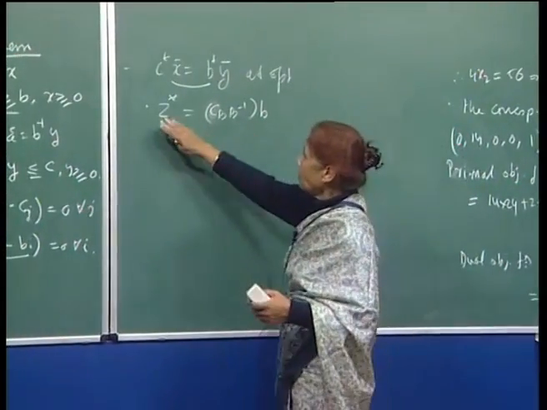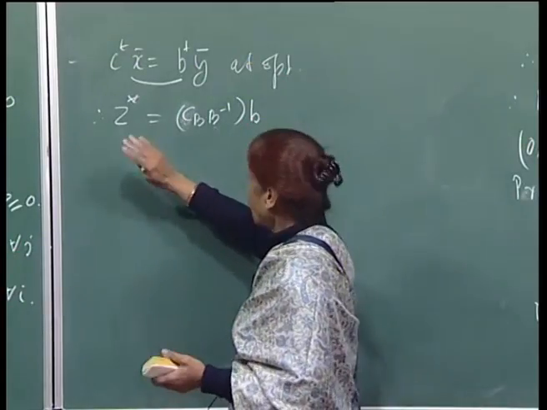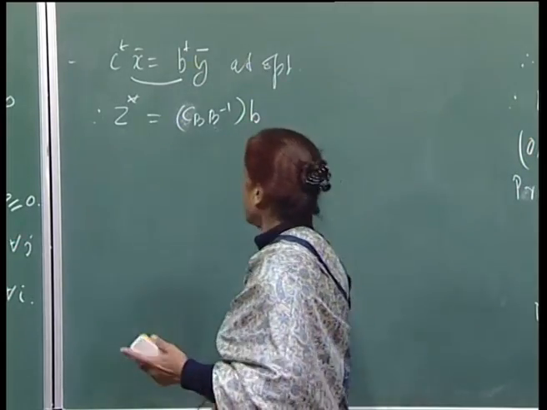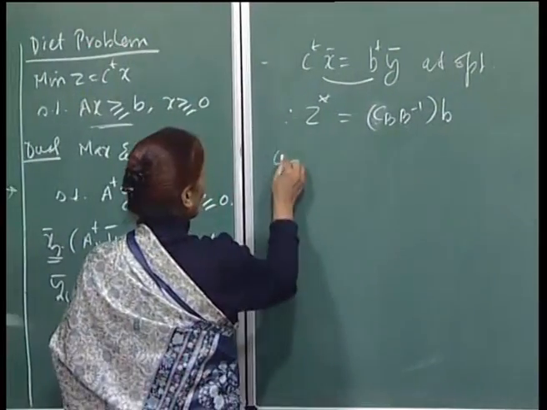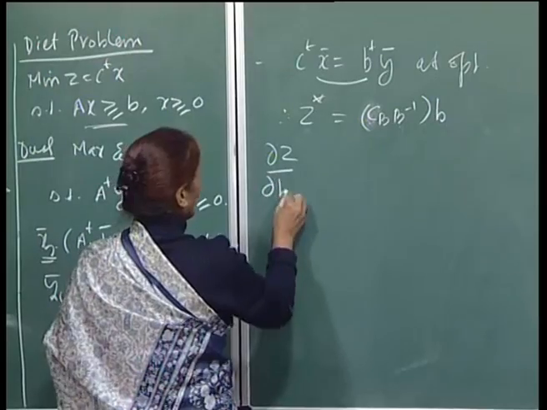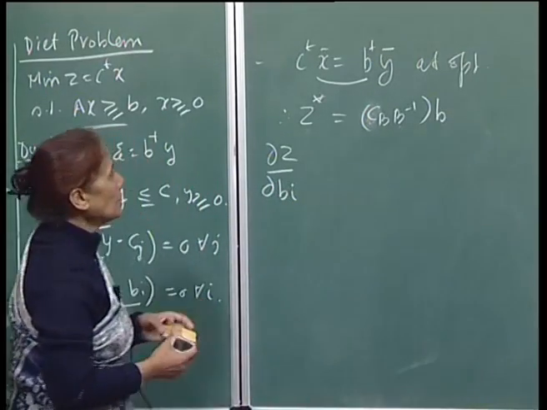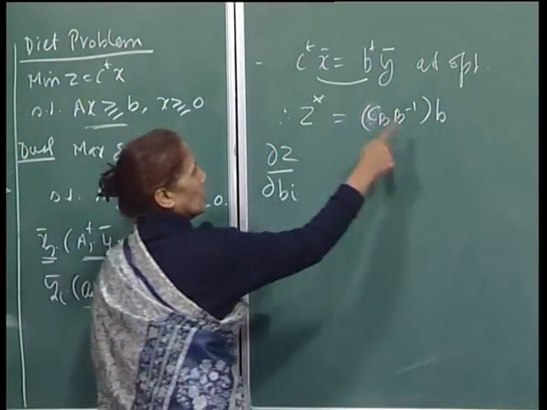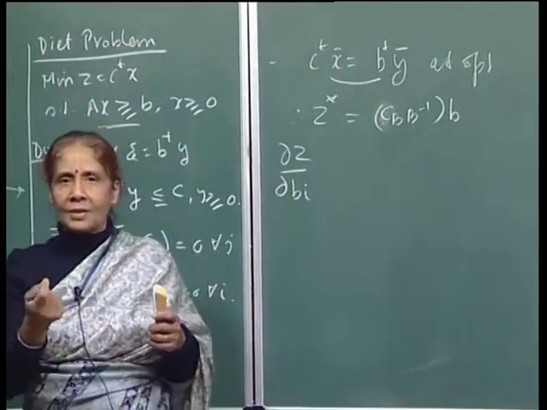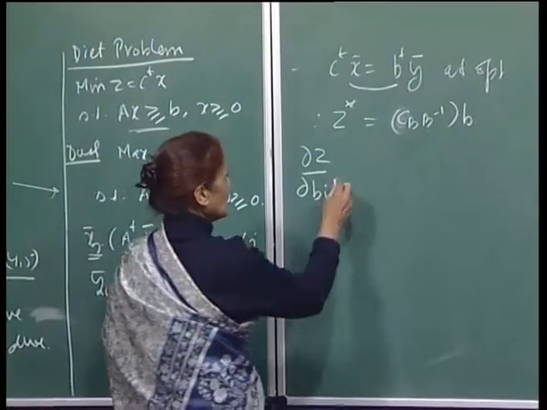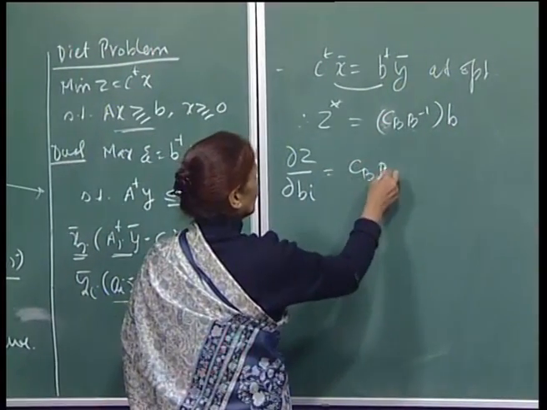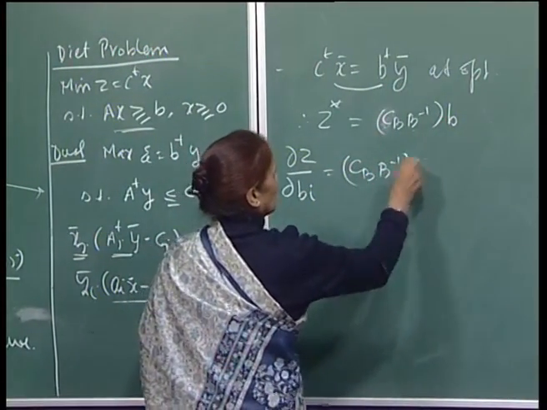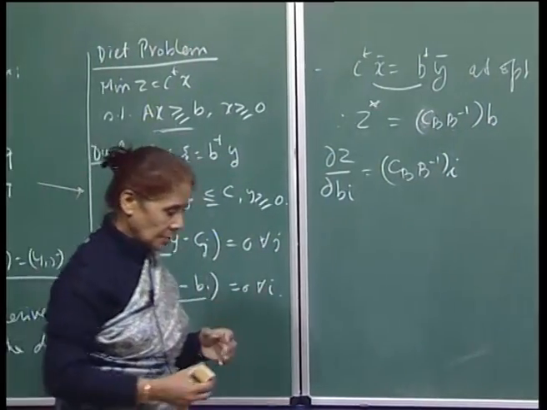So, Z star is my primal objective function optimal value, and it is equal to this. So, therefore, you can also say that delta Z by delta Bi, if you want to look at the rate of increase of Z star with respect to increase in the value of Bi, then this tells you this is CB B inverse I. So, you see, you have a nice interpretation.